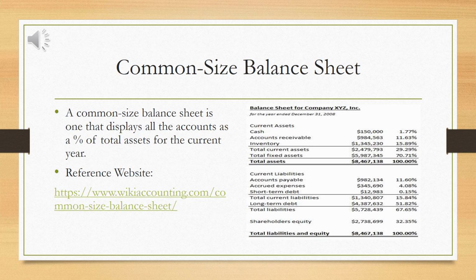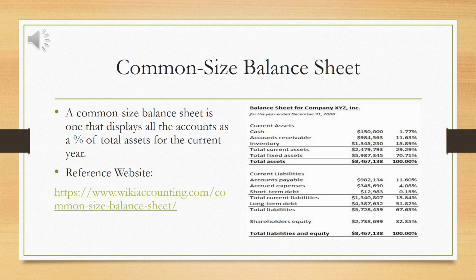$150,000 over 8,467,138, which are the total assets, is equal to 0.0177. Thus, 1.77% of total assets are cash.